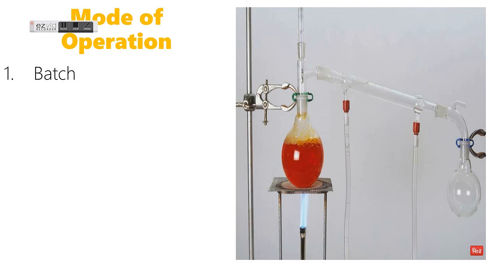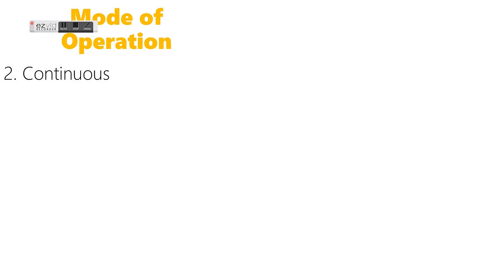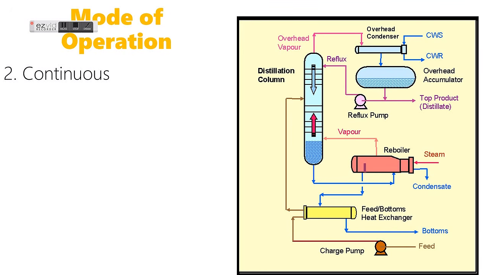Batch distillation is usually preferred in the pharmaceutical industries and for the production of seasonal products. On the other hand, continuous distillation handles a continuous feed stream. No interruption occurs during the operation of a continuous distillation column unless there is a problem with the column or surrounding unit operations.